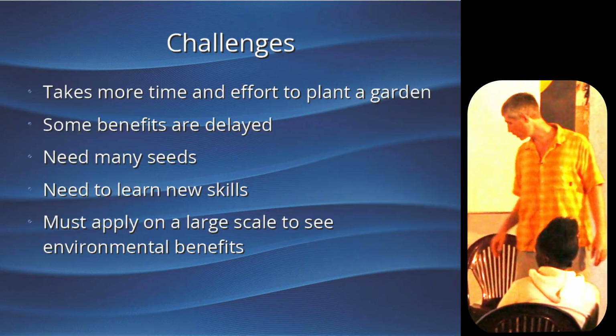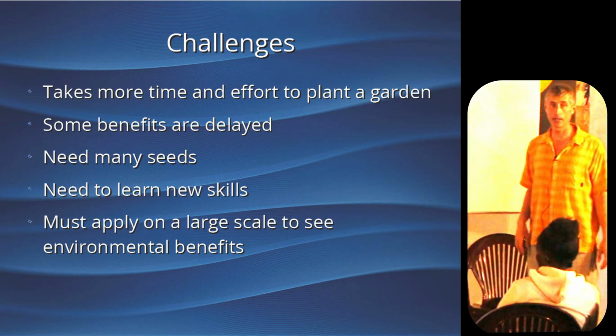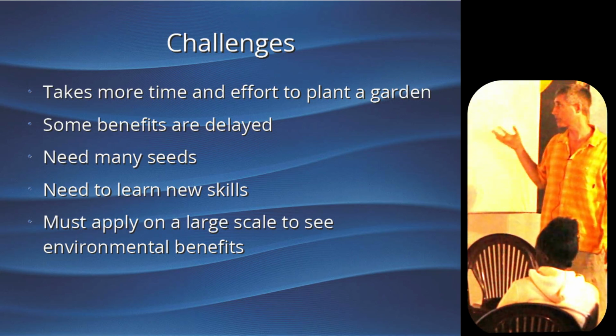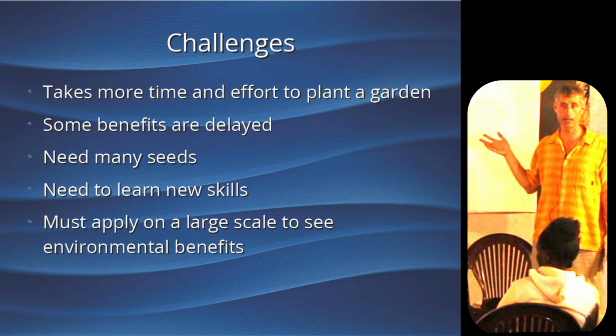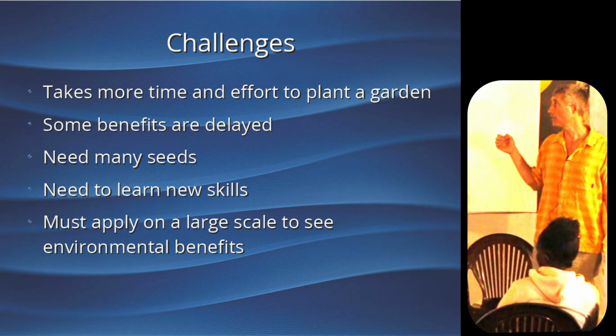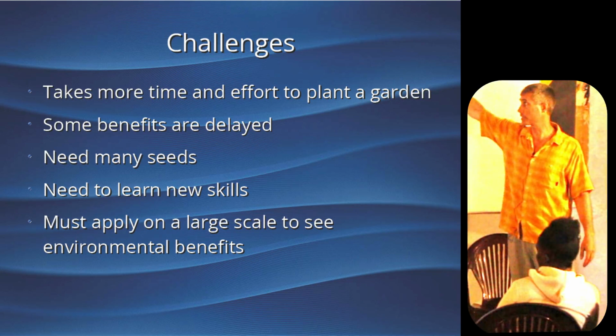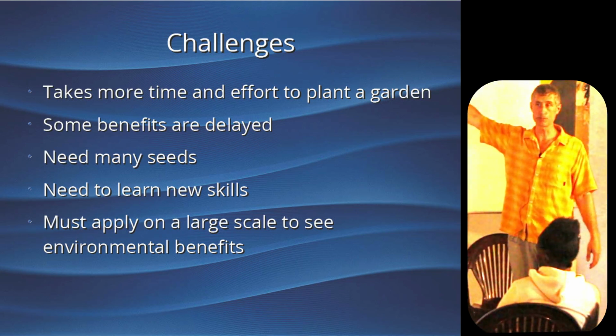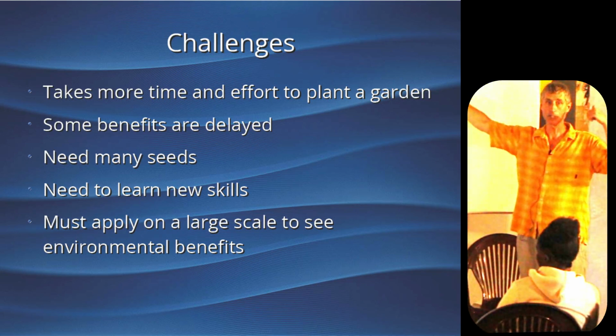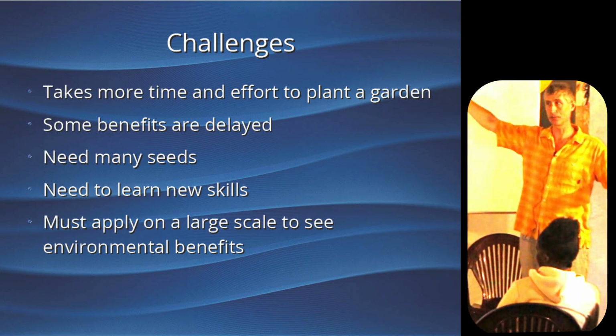Okay, so those are all the benefits, and then some of the challenges, at least in Haiti, that I encounter. I should reverse these. It takes a lot of work to plant these systems. You're planting your annuals if you're used to planting corn and beans.